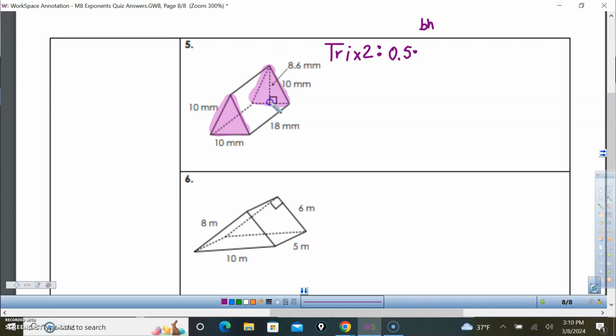I can easily follow that height up, and I can see that the height is 8 6/10. So I'm going to multiply by 8.6. And then if I follow my base across, there is no exact label that goes with this base right here. But if I follow this forward, I can really easily see that this is 10 millimeters wide. So I know that that is 10.